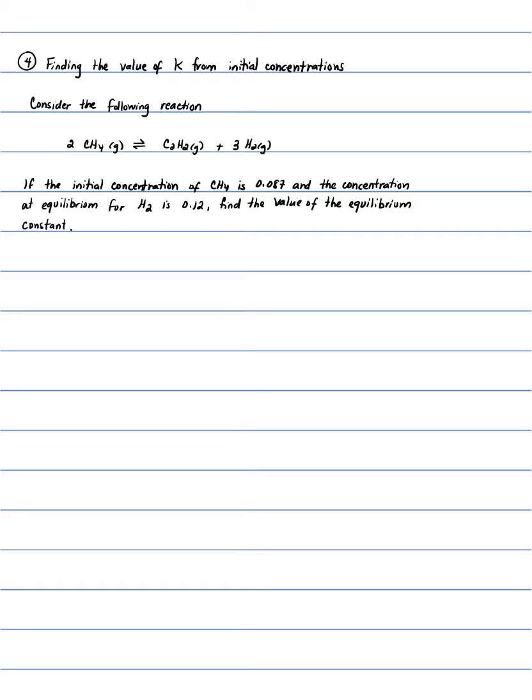So let's see what we have in this problem here. You have the reaction, you have an initial concentration of the reactant methane, CH4, you have one concentration at equilibrium right here, and we need to find the value for K. So let's start by writing down the expression for the equilibrium constant. So K for this problem.